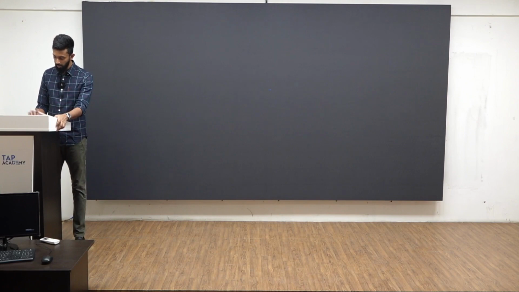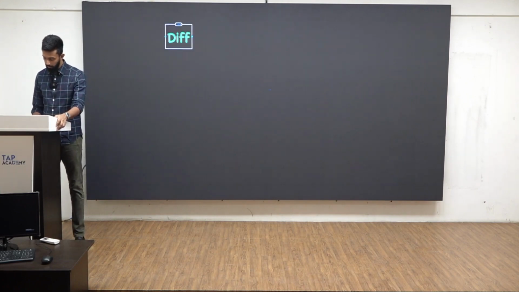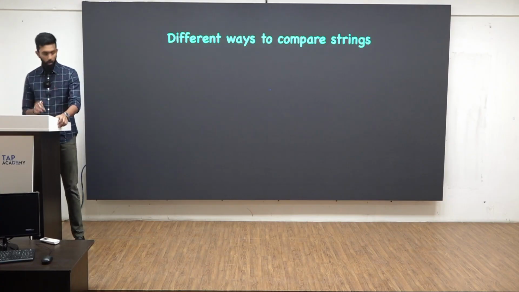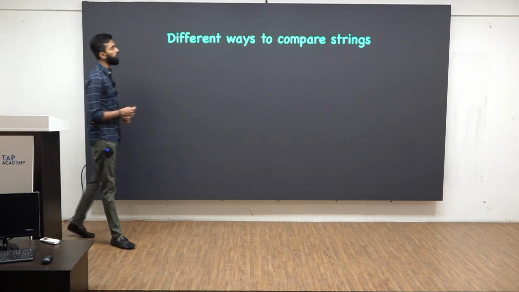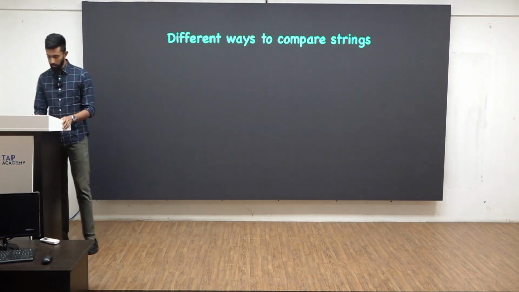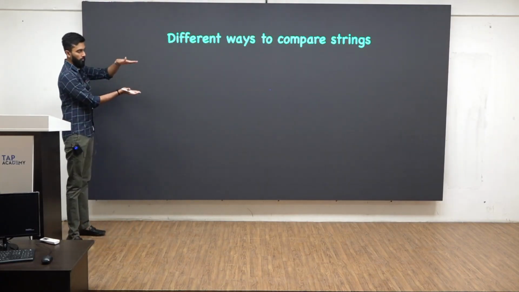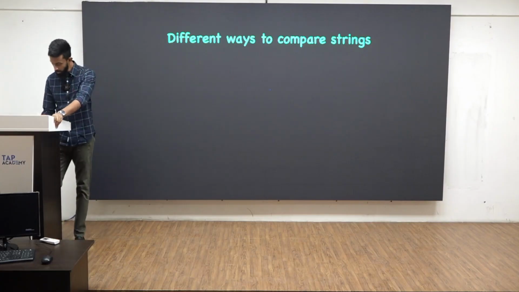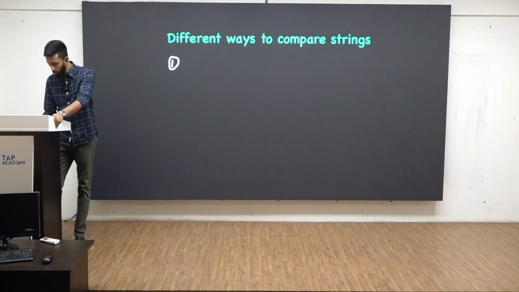Next point is you must understand what are the different ways to compare strings. What do you mean by different ways to compare strings? There are 4 ways. Let us assume you have 2 strings, Java, Java. You want to compare them. How to compare? First option is you can use one operator called double equal to.